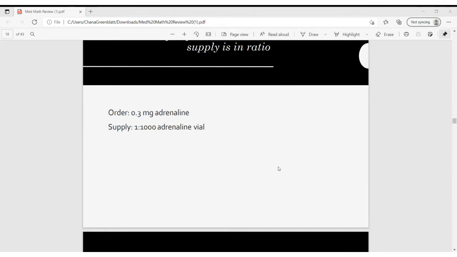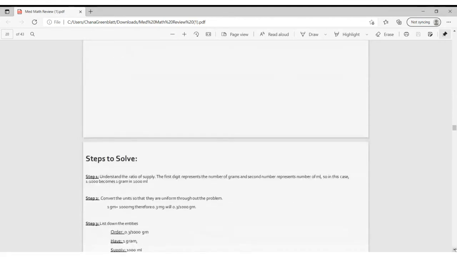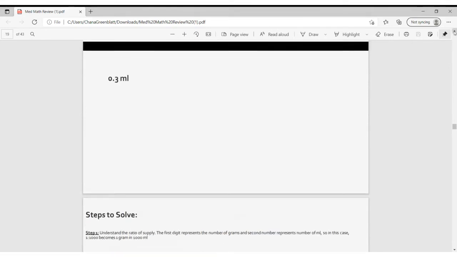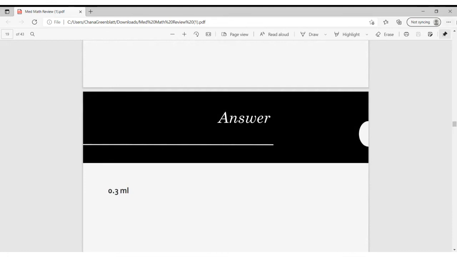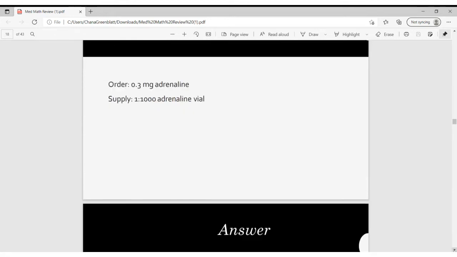I feel like if we scroll further down in the question, it might tell us what those appropriate answers are. Let us figure this out together.